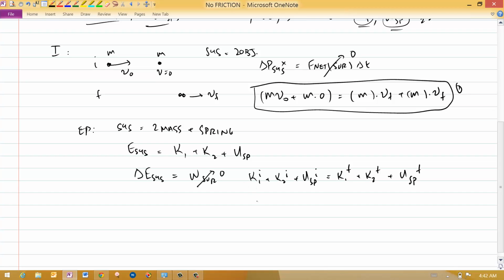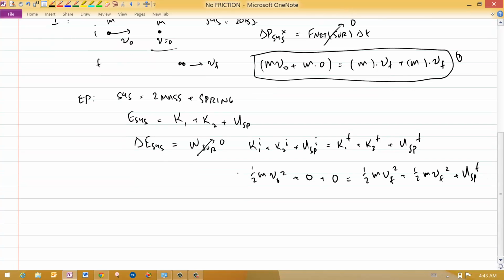The initial kinetic energy for object number 1, 1/2 m v0 squared, plus 0, because the second object is at rest to begin with, plus 0, because the spring is unstretched to begin with, is equal to 1/2 m v final squared, plus 1/2 m v final squared, plus U spring final.